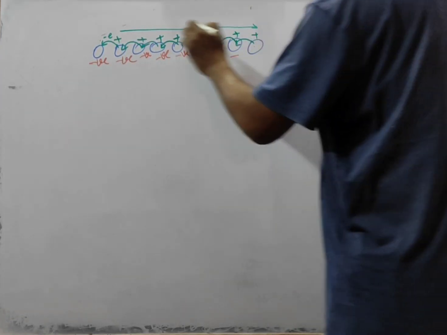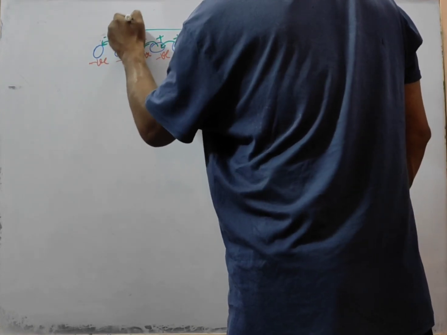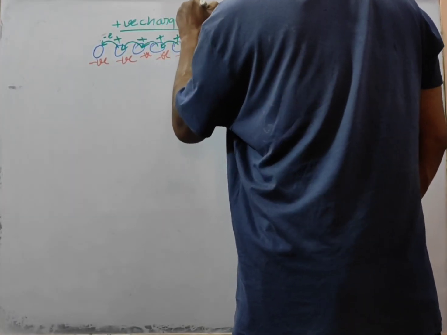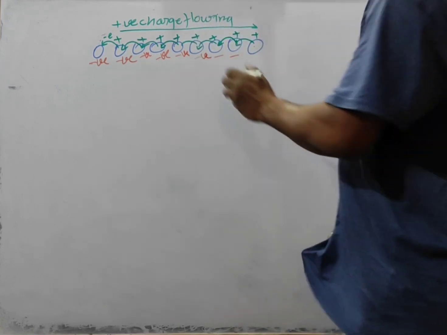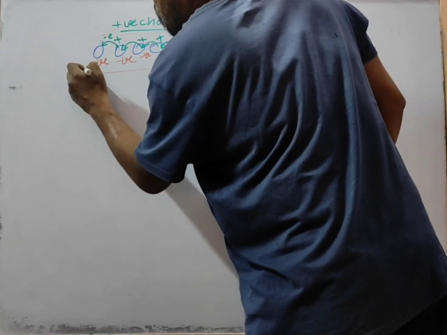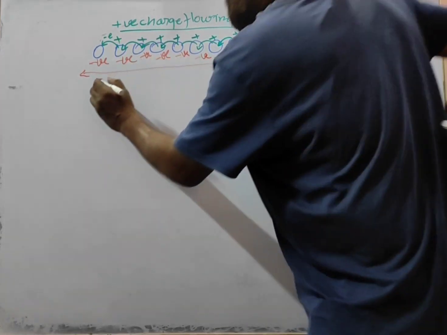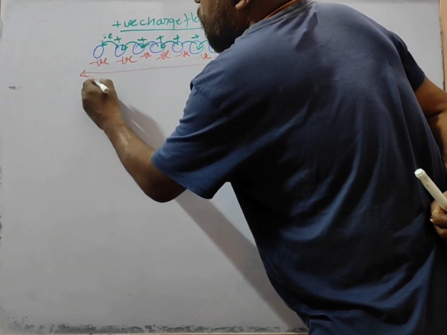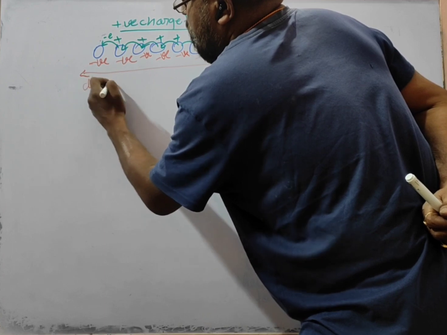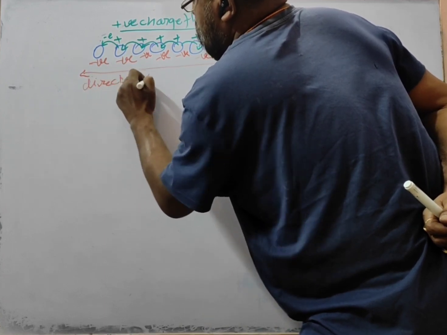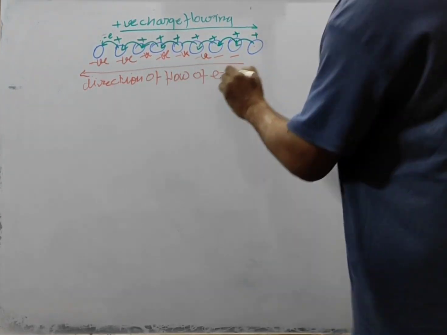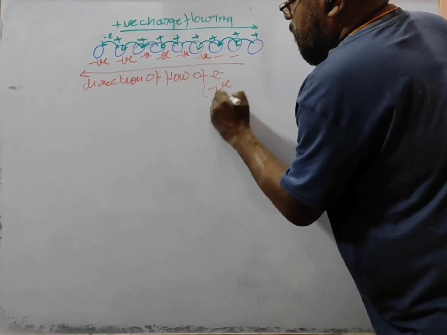Positive charge is flowing in this direction, and this is the direction of flow of electrons, or negative charge, right?